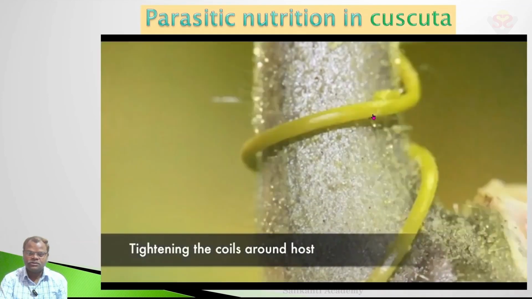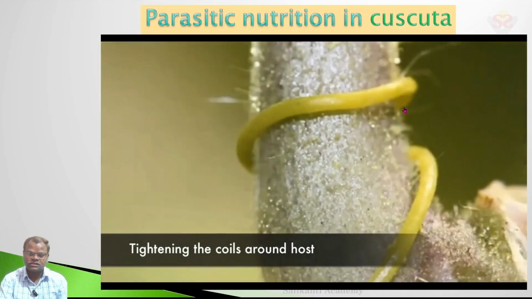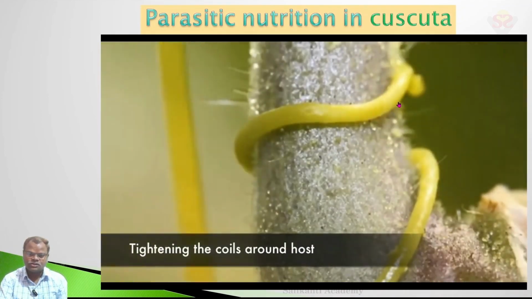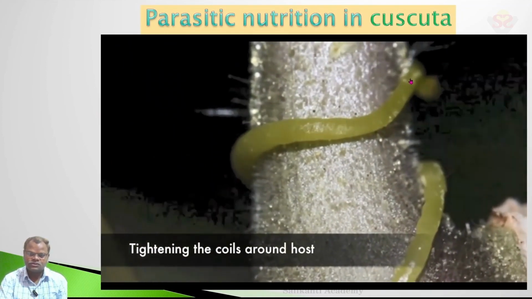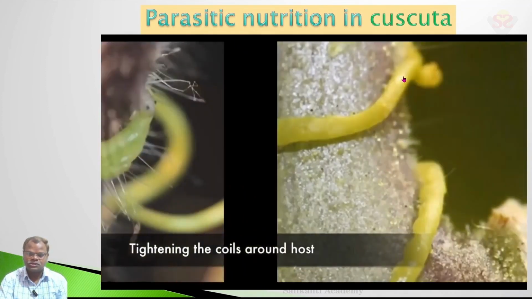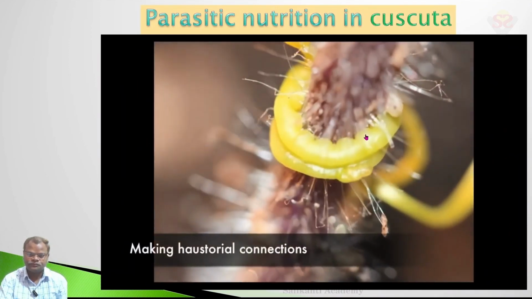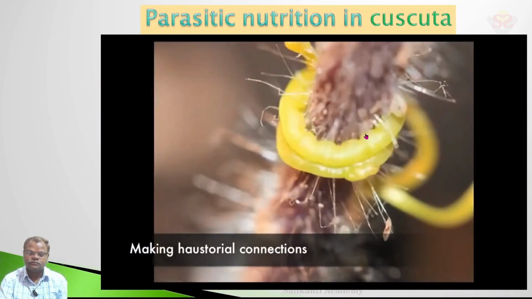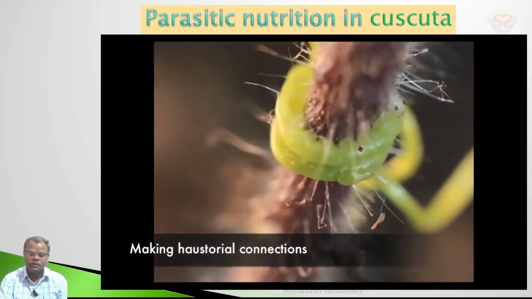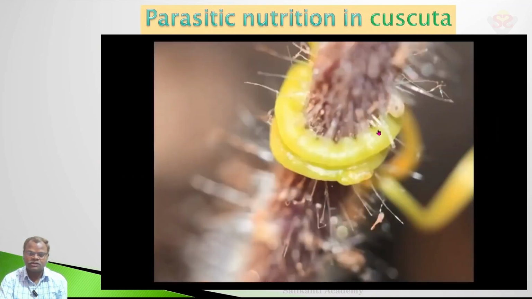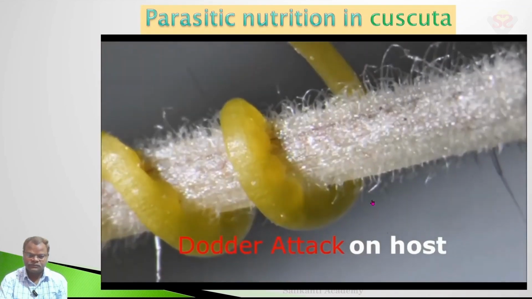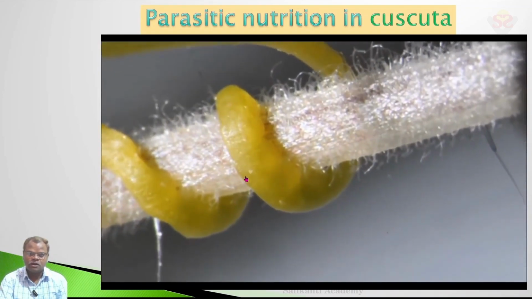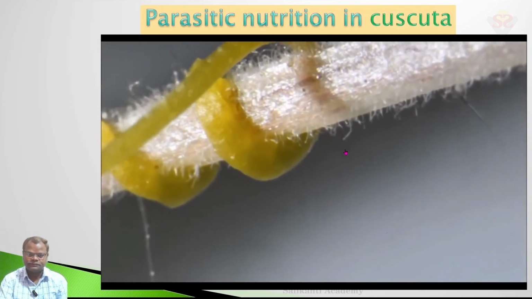They produce small root-like structures, haustoria, and these haustoria penetrate into the host stem. With the help of these haustoria, they collect their nutrients from the host plant. Cuscuta is also called dodder.